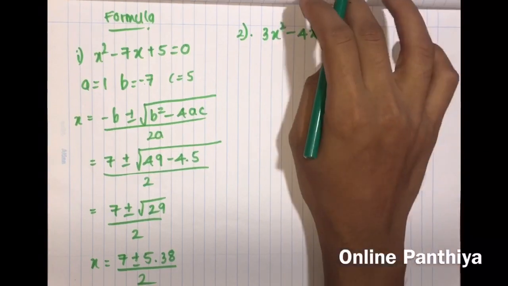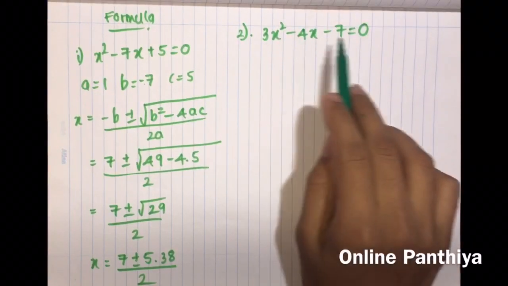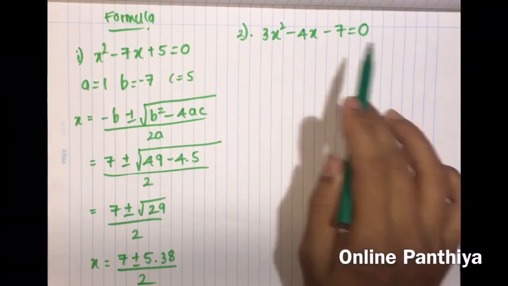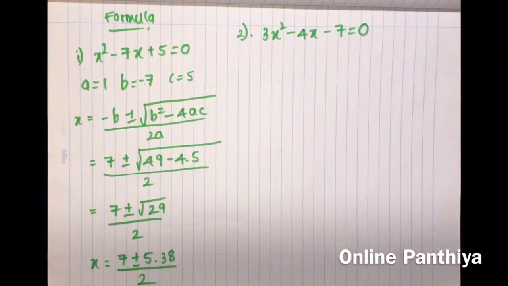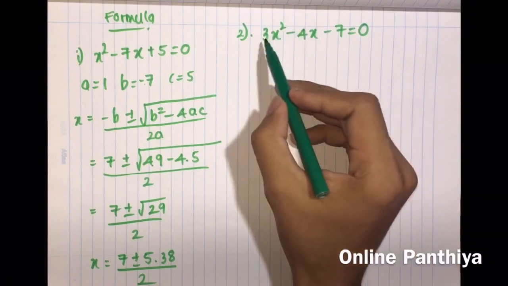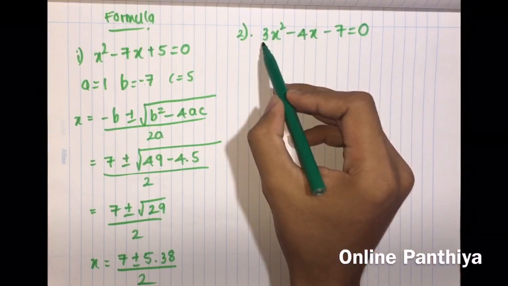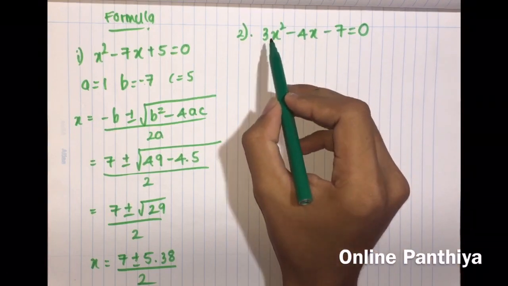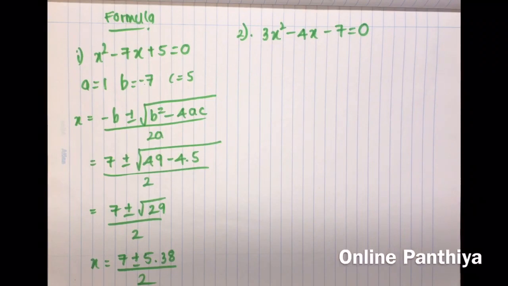Now observe one thing. If I give you this question and ask you to solve it using the completing square method, is it easy or hard? It is a bit hard. Why? Because I told you the coefficient of x squared should be 1 when you are solving it using the completing square method, or else it becomes complex.